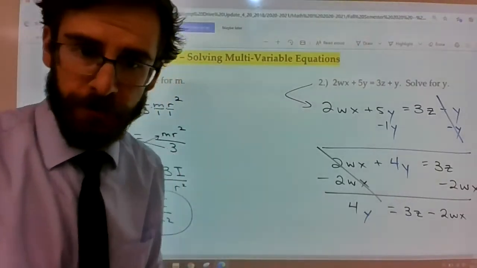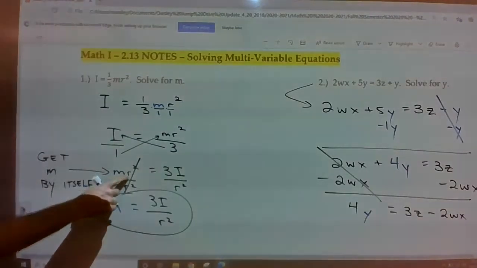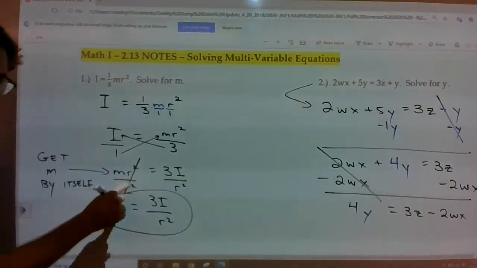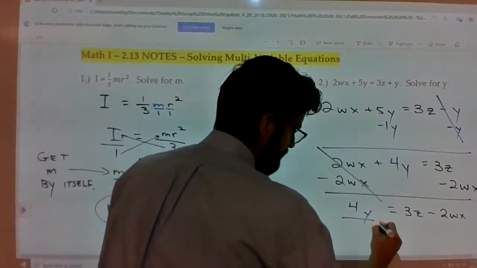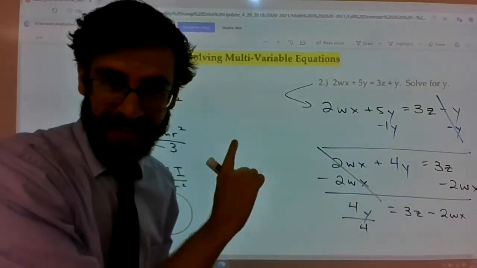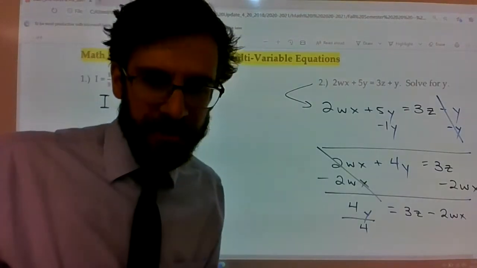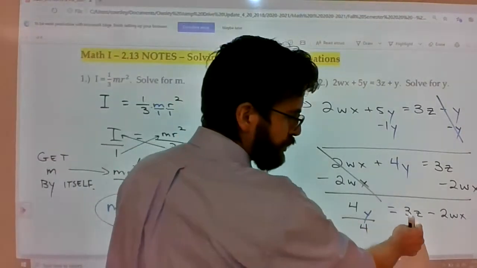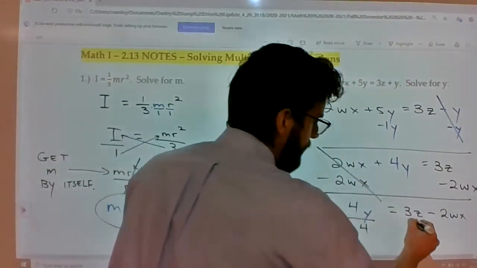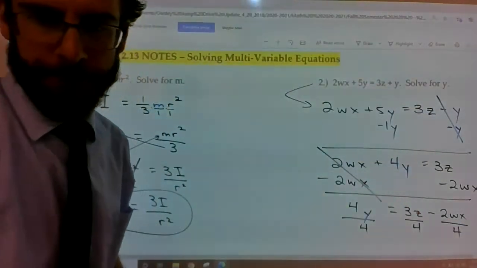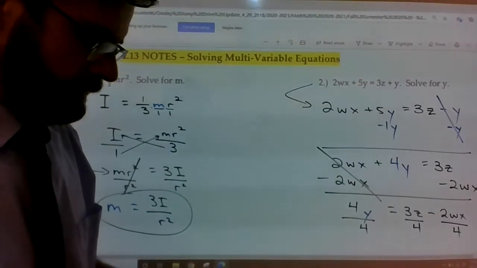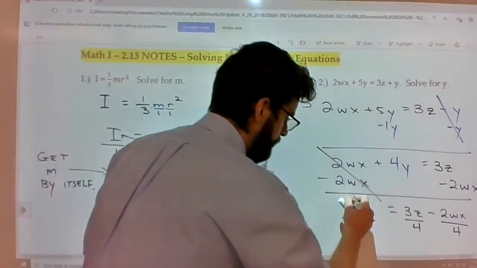So then my last move, well, I divided by the thing multiplied by m here, so I'm going to divide by the thing multiplied by y there. Divide by 4. And when I divide the left by 4, I'm dividing everything on the right by 4. So these are two separate terms. I'm going to divide 3 by 4 and 2wx by 4. And then here's my final answer.